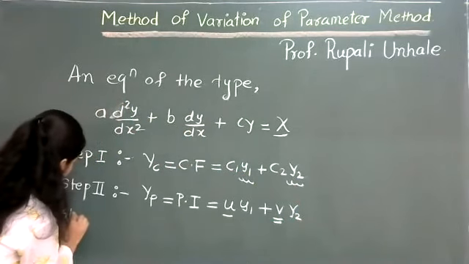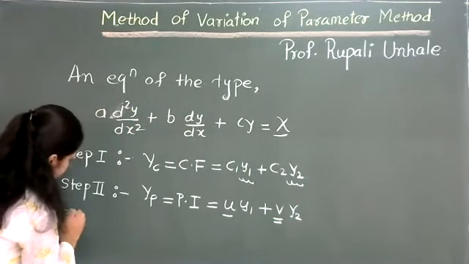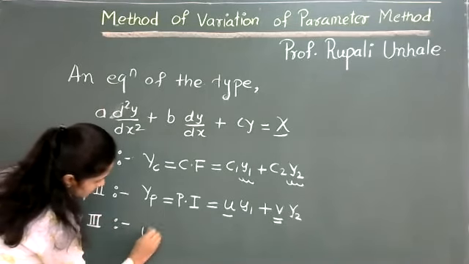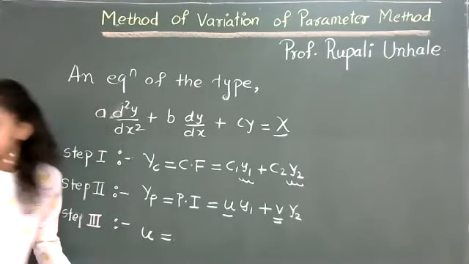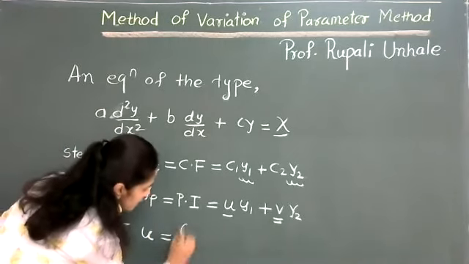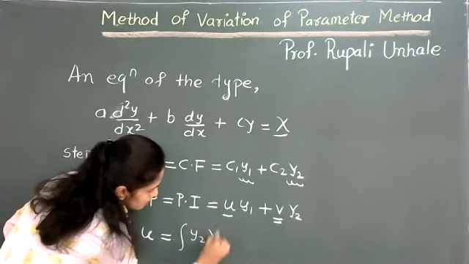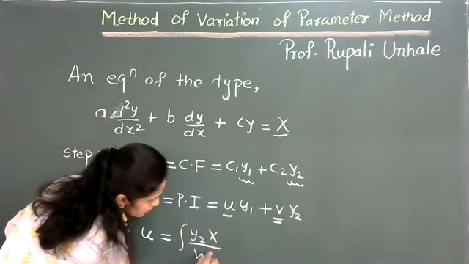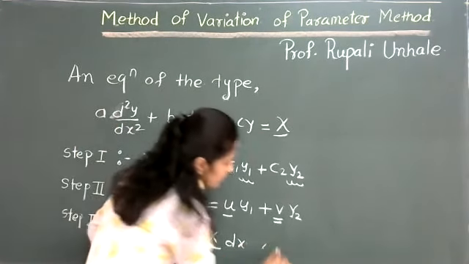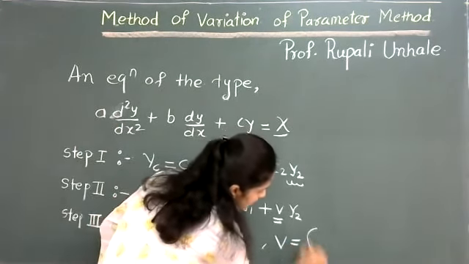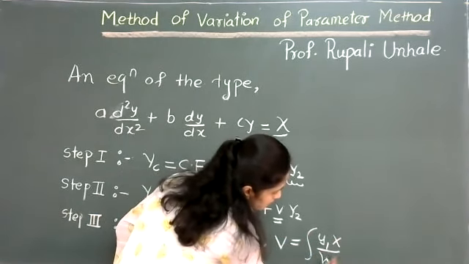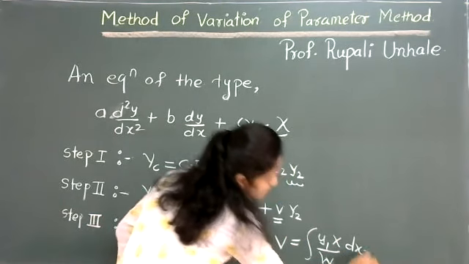Step number 3, we want to find u and v. u is minus integration y2 X upon W dx, and v is integration y1 X upon W dx.